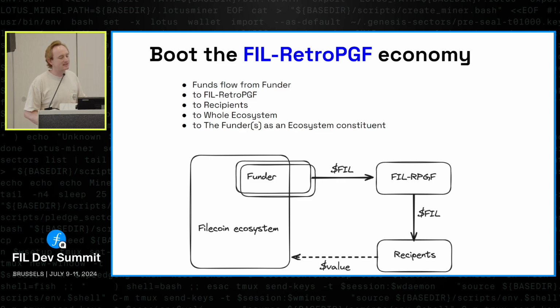So in essence, we're trying to establish this feedback loop, and in this feedback loop, funds flow from the funder to the RetroPGF program, to the recipients, and then this benefits the whole ecosystem and therefore benefits the funder, and then through this you have this virtuous cycle.